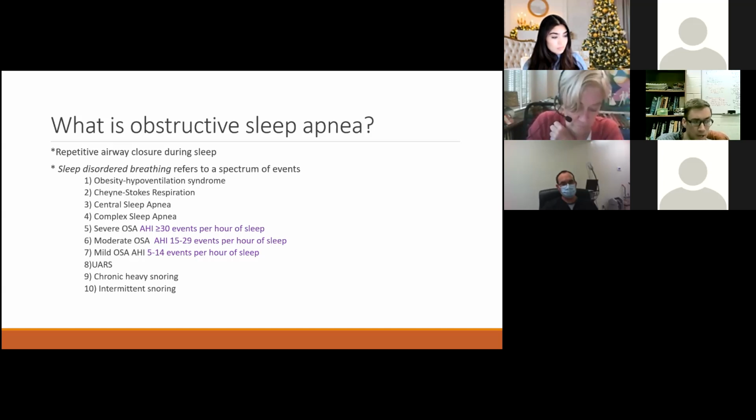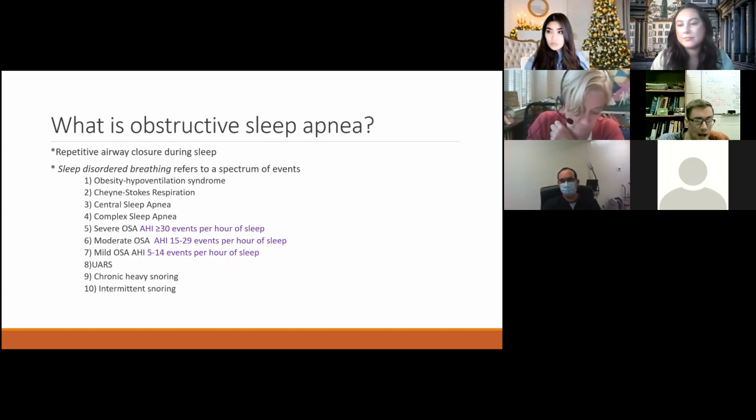Cheyne-Stokes respirations, which I think if we have time we'll go through, is a special type of sleep disordered breathing where you have crescendo-decrescendo breathing and periods of central apnea. You can have pure central sleep apnea, which is, instead of this repetitive airway closure, there's no signal from your brainstem saying breathe.